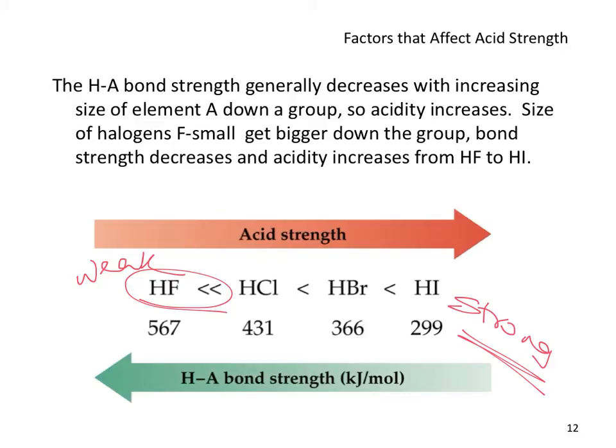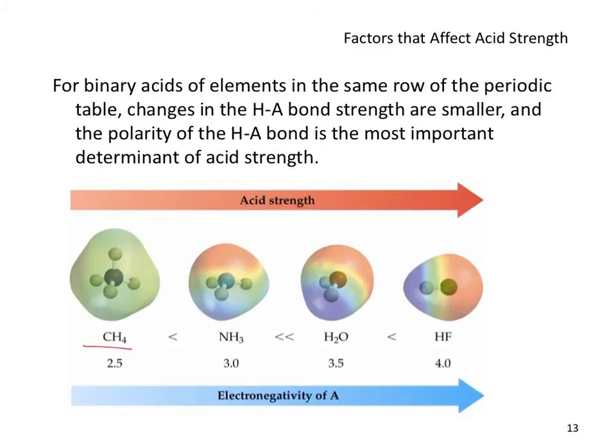Within a period, it depends on the electronegativity, and hence one can safely say that HF is going to be the strongest acid. So if you compare CH4, ammonia, water, and HF, that bond is going to be most polar. Methane is going to be most nonpolar or covalent.